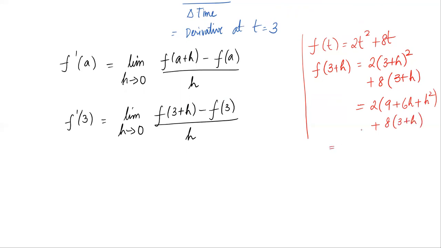And that will give us 2 times, distribute the 2 to each one of them, 18 plus 12h plus 2h squared plus 8 times 3, 24 plus 8h.